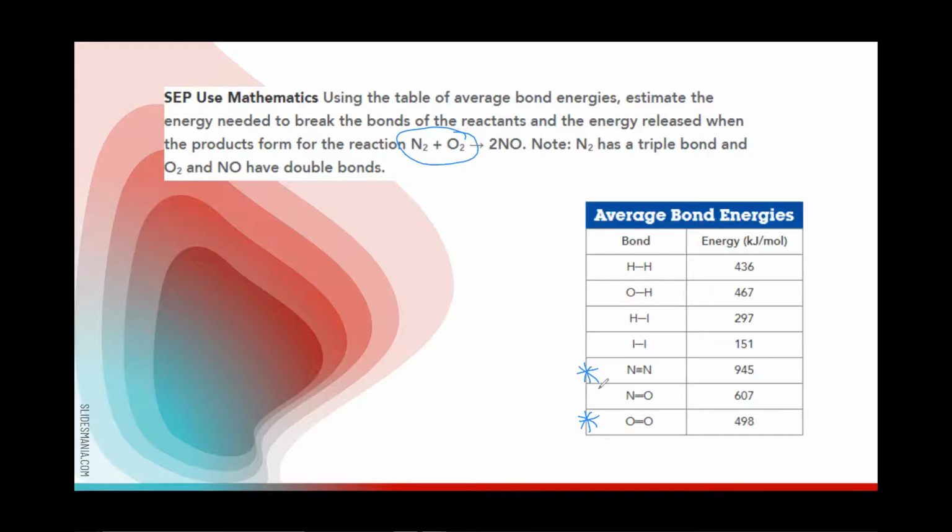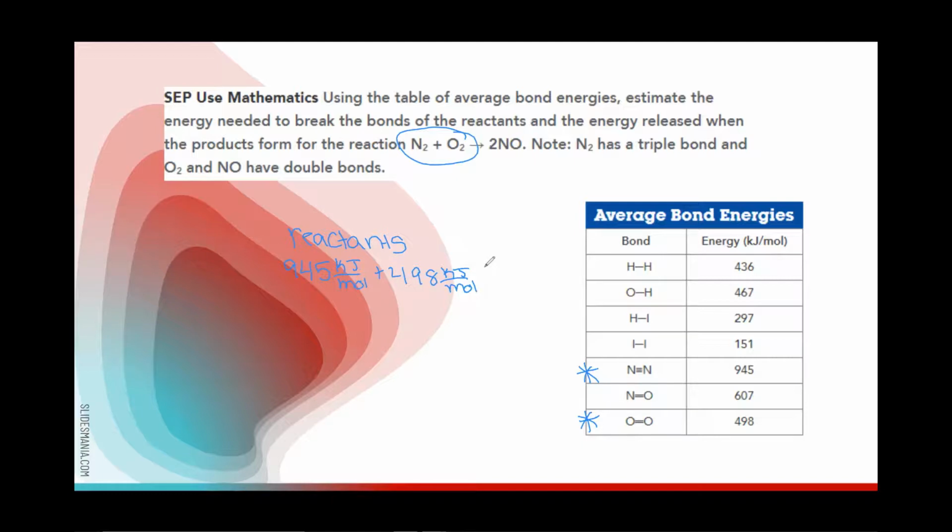So the energy required for the reactants is going to be 945 kilojoules per mole plus 498 kilojoules per mole. Let's add that together. This is going to be the energy that's required.